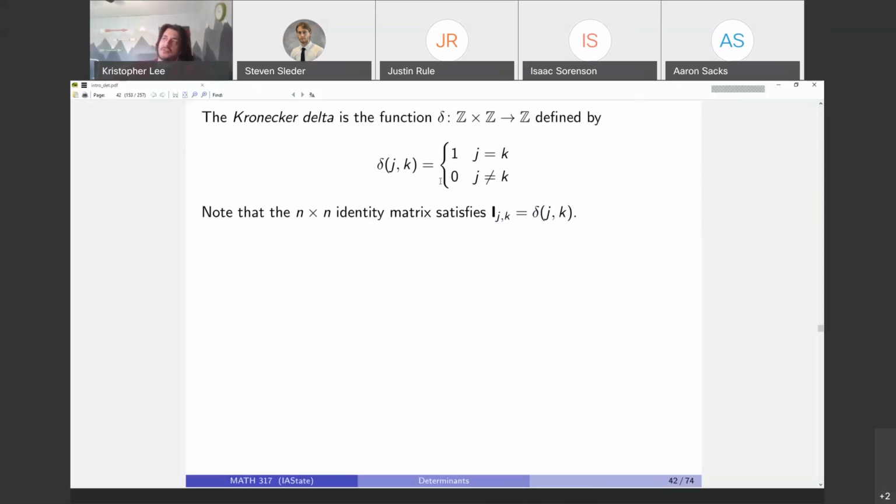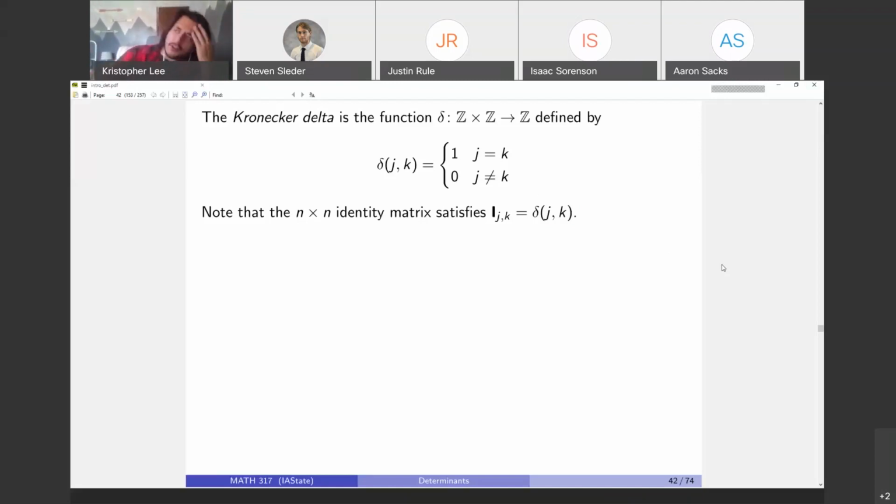So this is a function defined on the integers direct product with themselves, and it spits out an integer. Specifically, if the indices here are equal, it spits out 1, and if the indices are different, it spits out 0. So, for example, the identity matrix is just defined by picking the entries of the Kronecker delta. The Kronecker delta shows up a lot in mathematics, and it's got a lot of neat basic properties that we will exploit here.